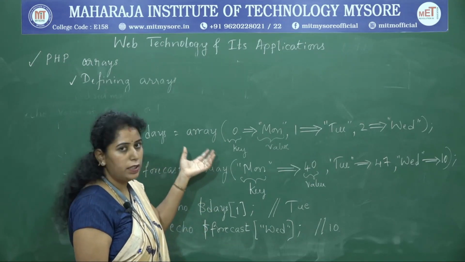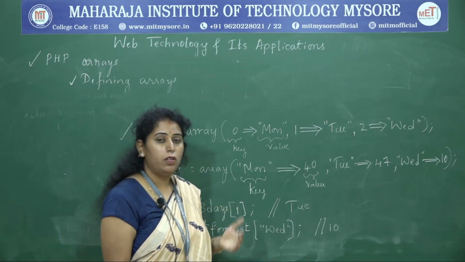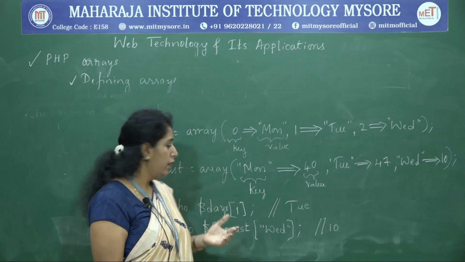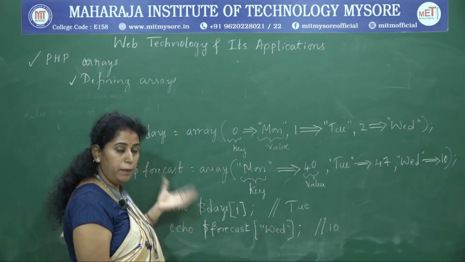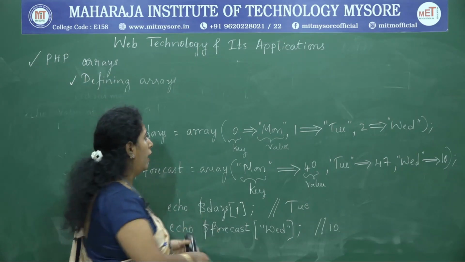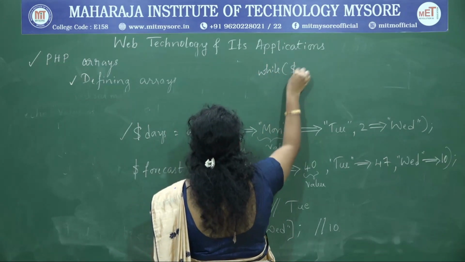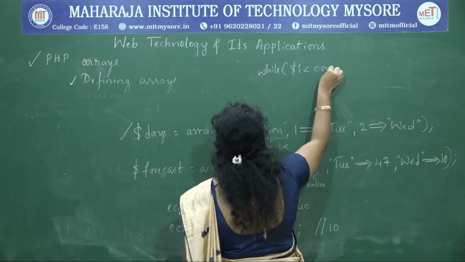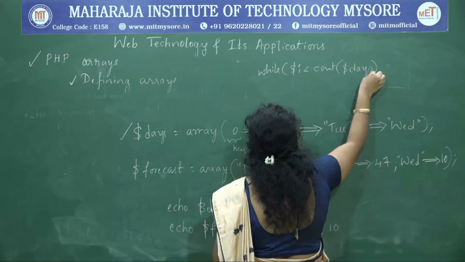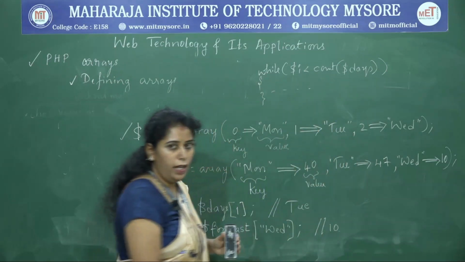Because when you consider explicit keys for an array, if you want to access all the elements of an array, not like this, by making use of loops, how do you access? I said you right, while I less than count of days, then you will print the elements of an array.